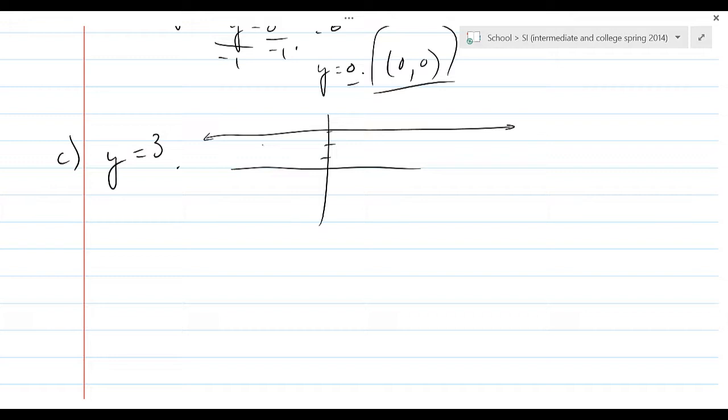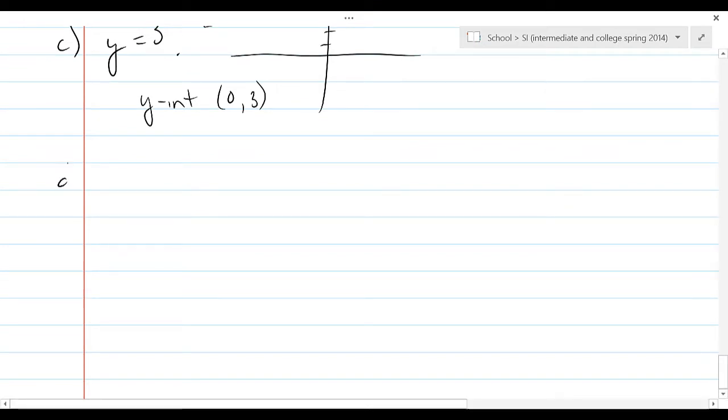It's a trick question, it doesn't. So there is no x-intercept, there's only a y-intercept. And where's that y-intercept? Well, of course, it's at the y value of 3. But what's the x value? For every y-intercept, 0. So 0, 3.